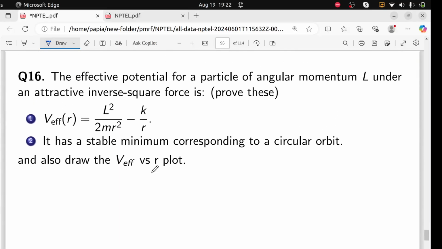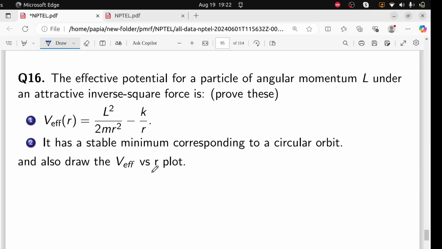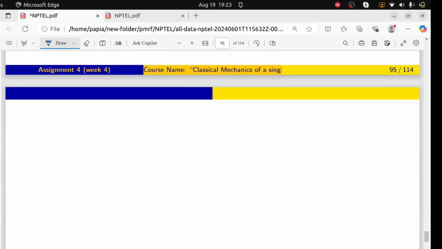The effective potential for a particle of angular momentum L and an attractive inverse square force is, okay, prove this. The effective potential of a particle with angular momentum under the inverse square force law.